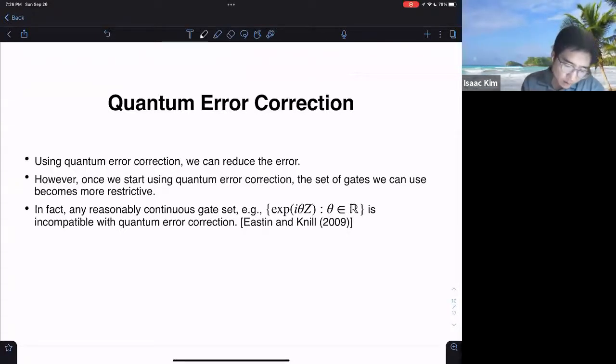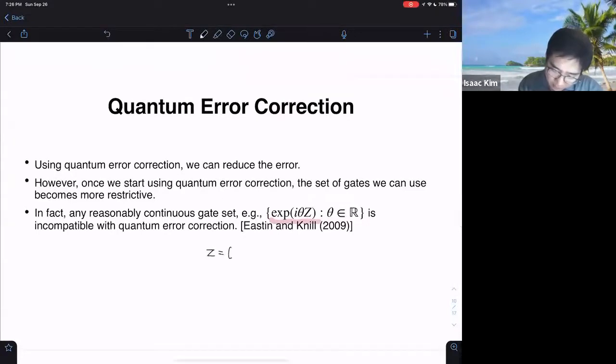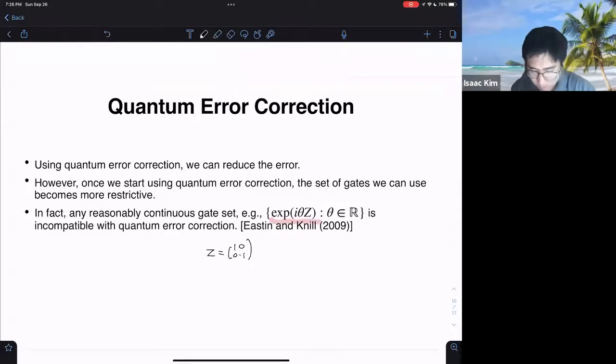For example, you might think that a gate like this, the exponential of i theta Z, where remember Z is just this 2x2 matrix, is compatible with error correction. You might think that this is a very simple operation, like a single qubit gate. You just simply turn on a magnetic field in the z direction for a spin 1/2 particle for a short time. It turns out that gates like this are actually incompatible with quantum error correction.